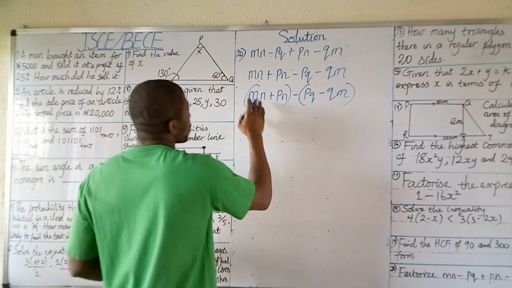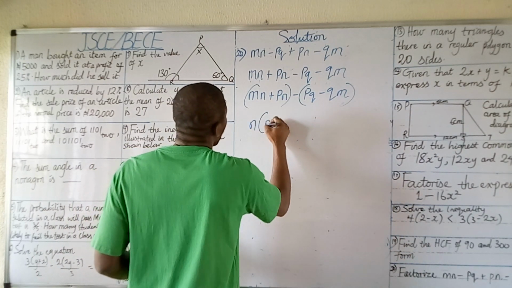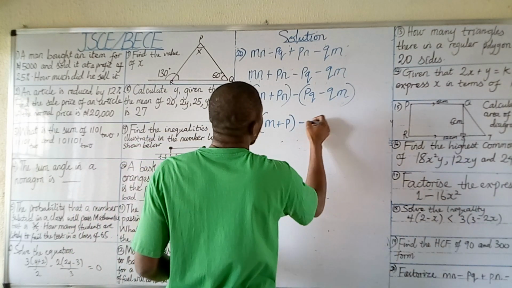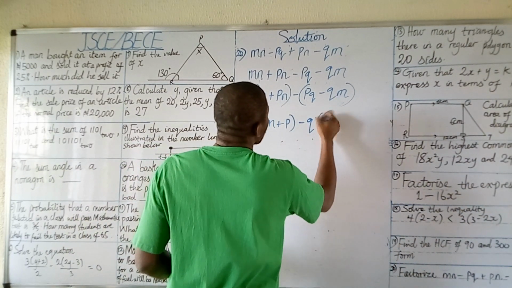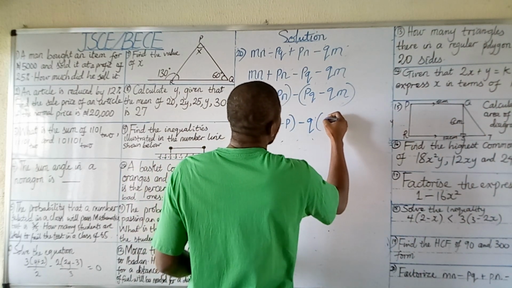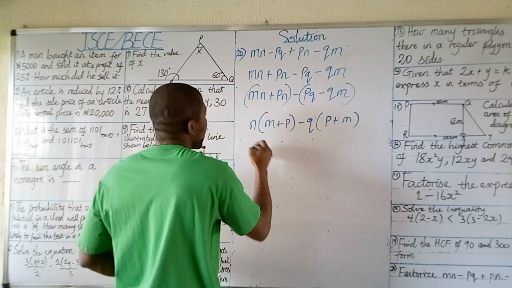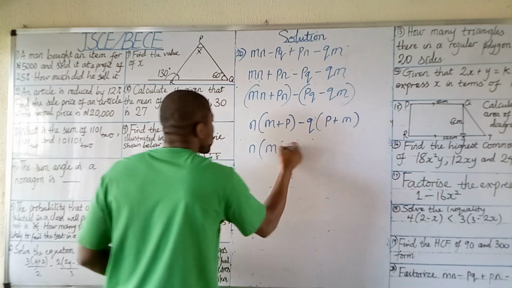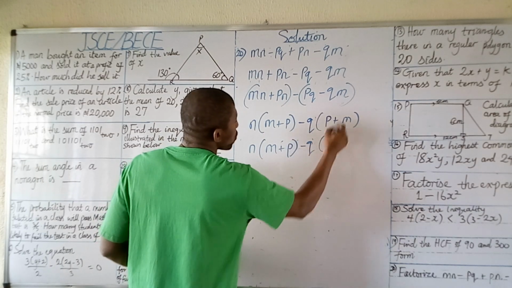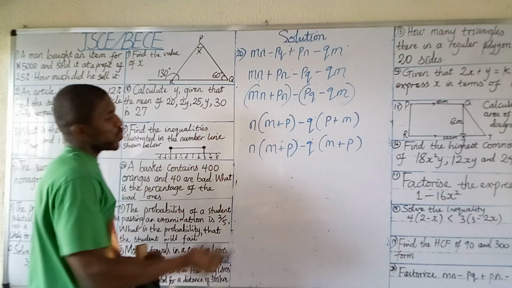To factorize, what is common here is n. So I will say n times m plus p. What is common here is q. I will say minus q times p plus m, which I can also write as n times m plus p minus q times m plus p. Okay, I can also put it like this, m plus p.